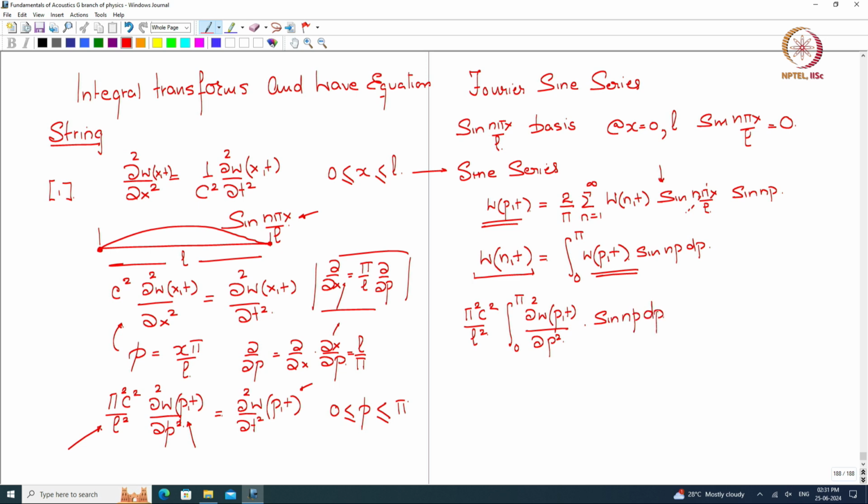And we do the same on the other side, integral 0 to pi del 2 W(P, t) by del t square sine nP dP.